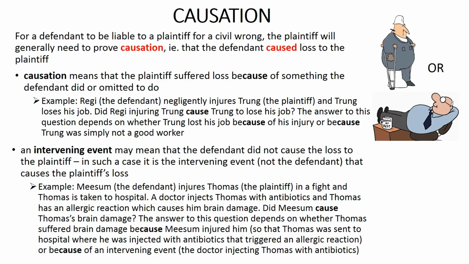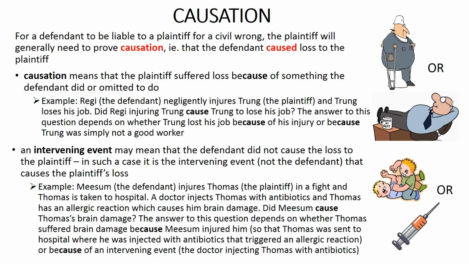The answer to this question depends on whether Thomas suffered brain damage because Meeson injured him, so that Thomas was sent to the hospital where he was injected with antibiotics that triggered an allergic reaction, or whether Thomas suffered brain damage because of an intervening event, that is, the doctor injecting Thomas with antibiotics to which Thomas was allergic.